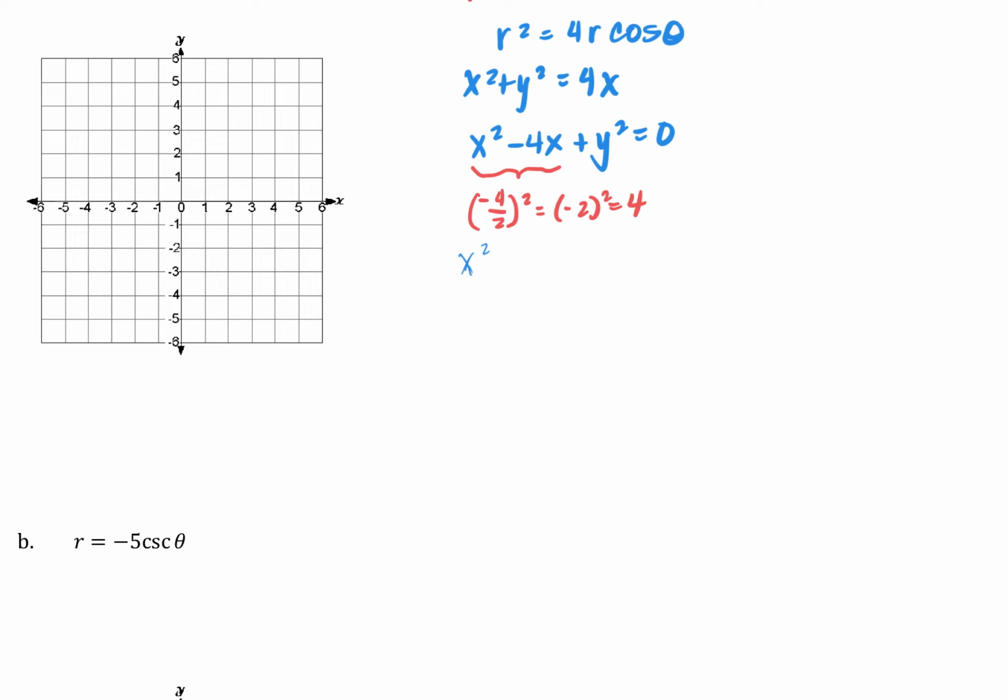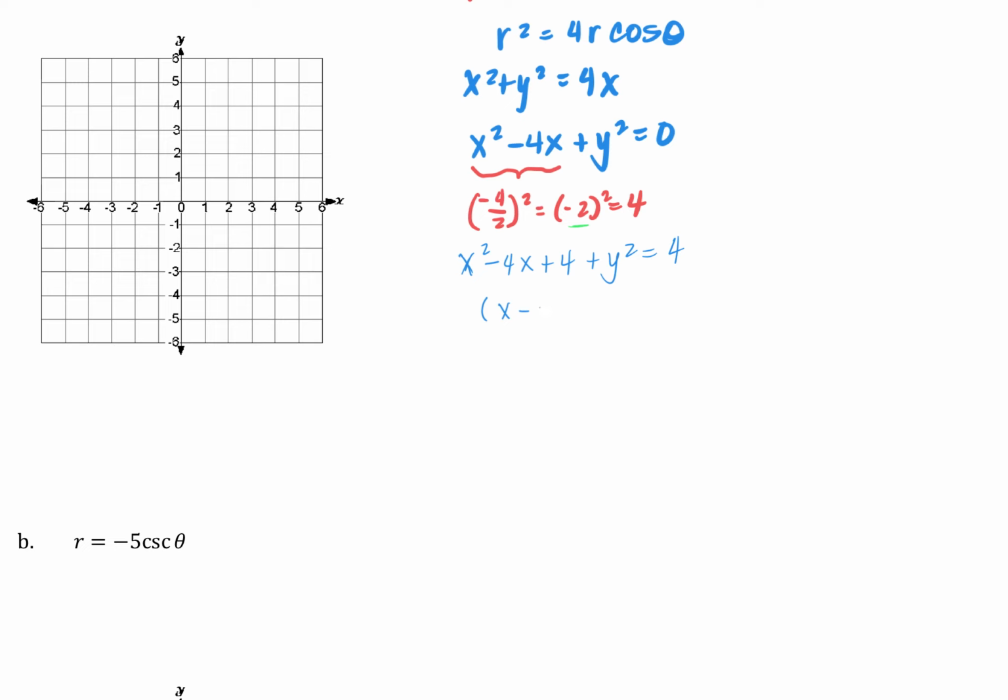What you do to one side, you do to the other. So x squared minus 4x plus 4 plus y squared, and then I have to add the 4 onto the other side as well. The x squared minus 4x plus 4, that factors to x. Remember, this was a minus 2 squared.